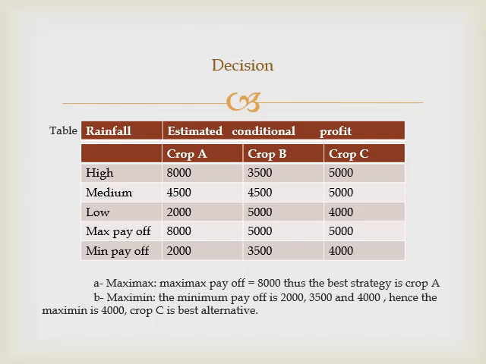For B, the maximum is 5,000 and the minimum is 3,500. For C, the maximum is 5,000 and the minimum is 4,000. Then the maximum of the maximum is 8,000. Thus, group A is attractive. The maximin among 2,000, 3,500 and 4,000 is 4,000. Then the best alternative is group C.